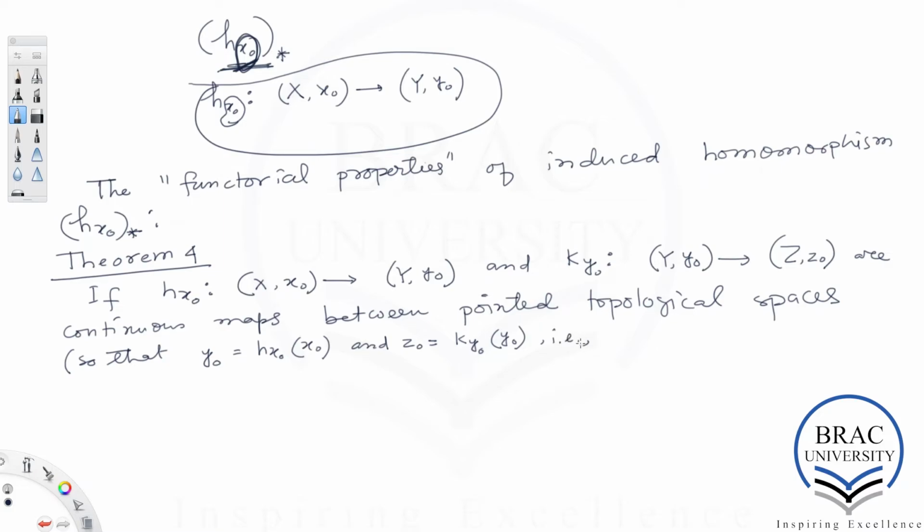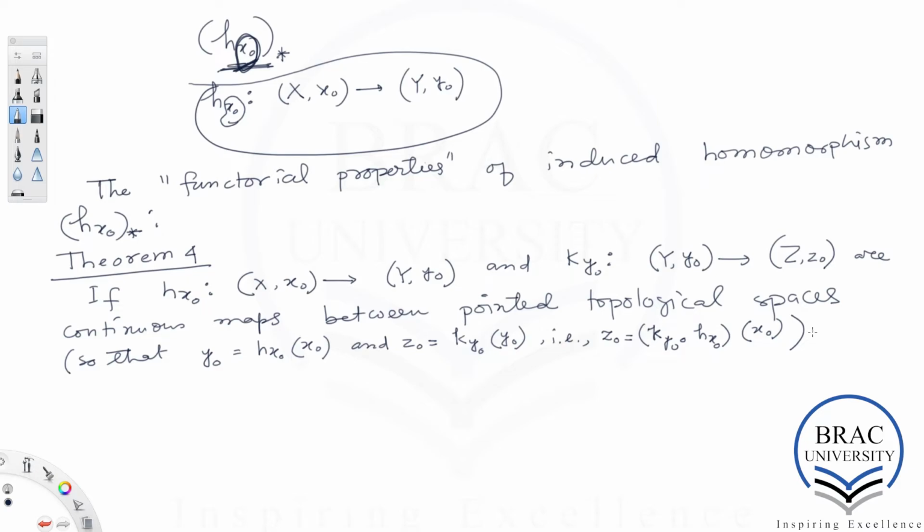That is, z0 is equal to k sub y0 composed with h sub x0 at x0. So this is the story of the concerned base points.